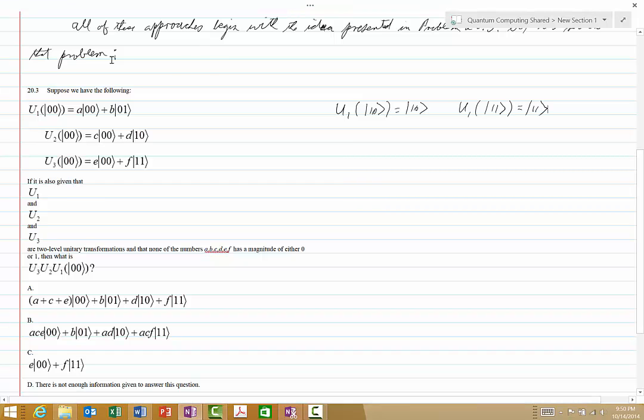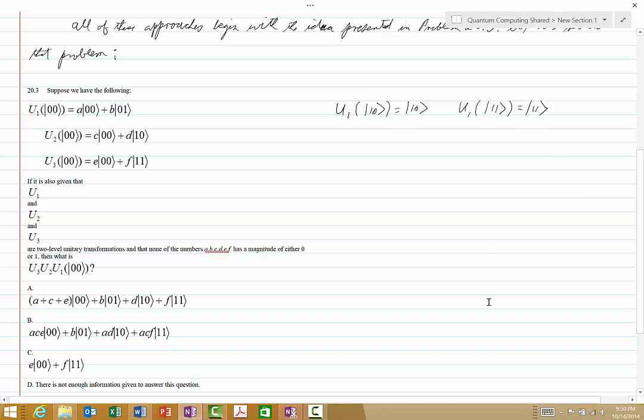The reason we can say that is that from this equation and from the fact that U1 is 2 level, the only 2 states that U1 affects in a non-trivial way are the 0, 0 state and the 0, 1 state. That is, U1 acts trivially on those 2 states.